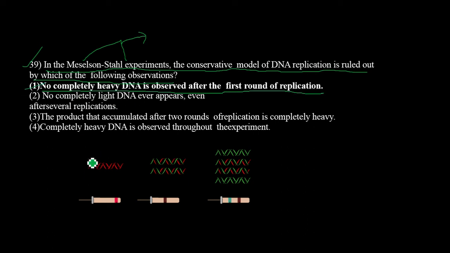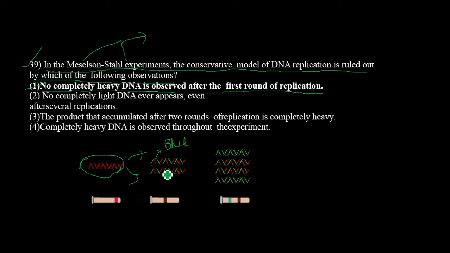See, this is the parental DNA molecule. After first replication, what happened? The newly formed DNA is here in blue color, which means it is not the same as the parental DNA. The newly formed DNA is called complementary DNA here. That complementary DNA is not heavy DNA. Red indicates heavy, blue indicates light.